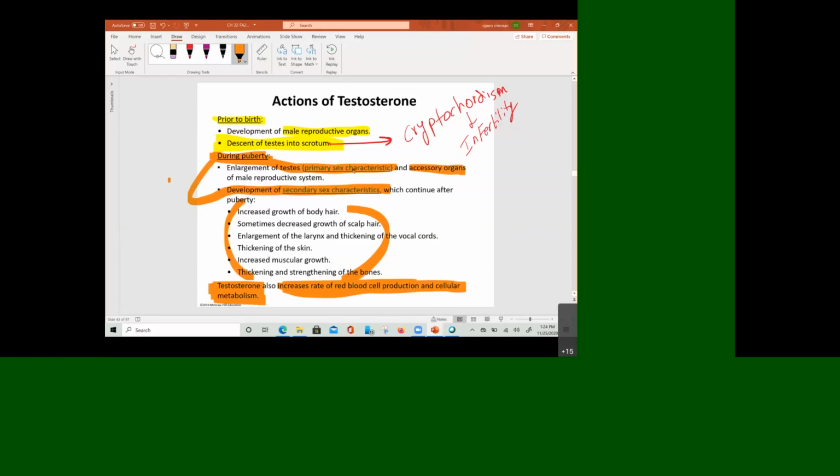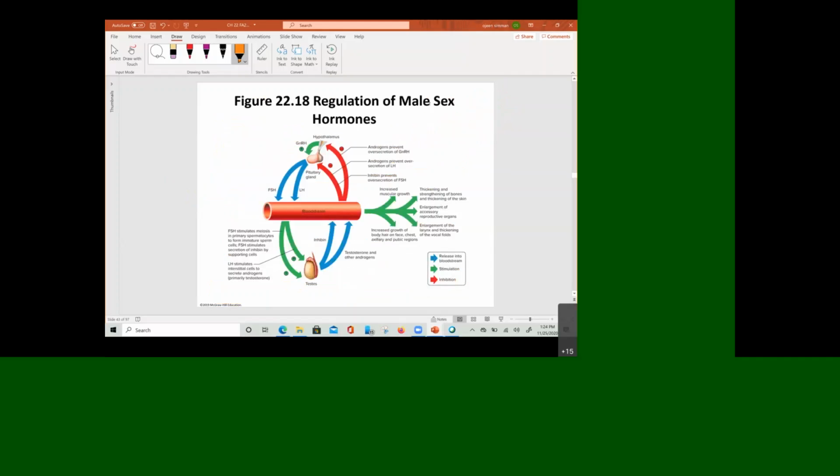This is a drawing that shows us the regulation of the male sex hormones. Again, we start with the hypothalamus secreting GnRH that acts on the anterior pituitary gland, which in response will secrete FSH and LH. FSH will stimulate meiosis in the primary spermatocytes in order to form an immature sperm cell.